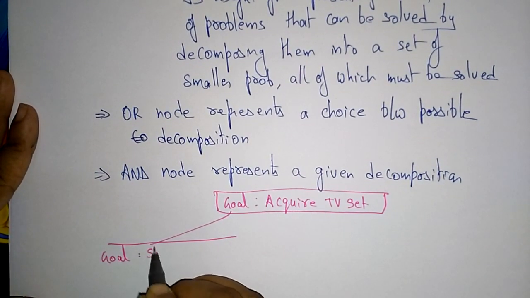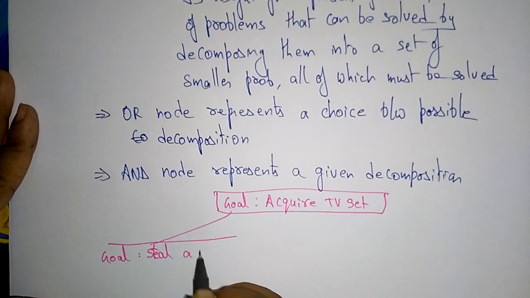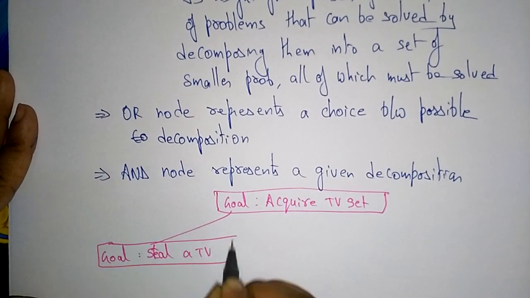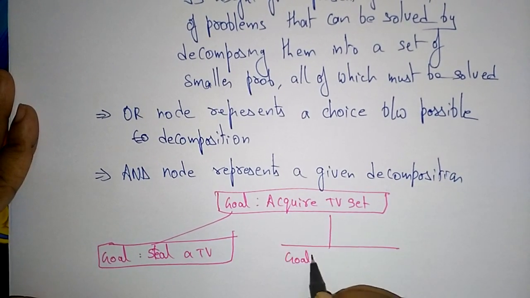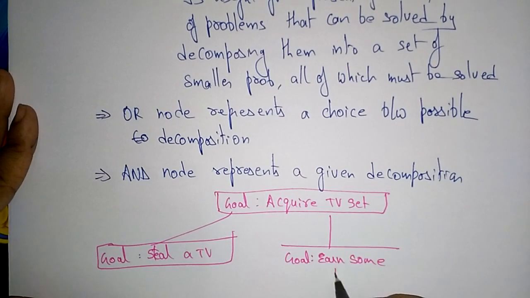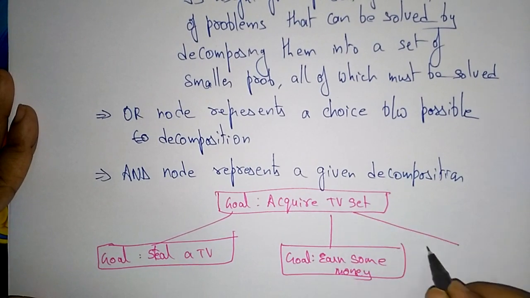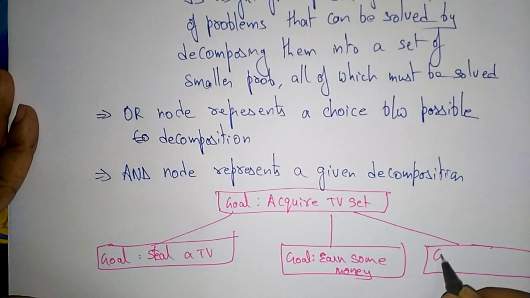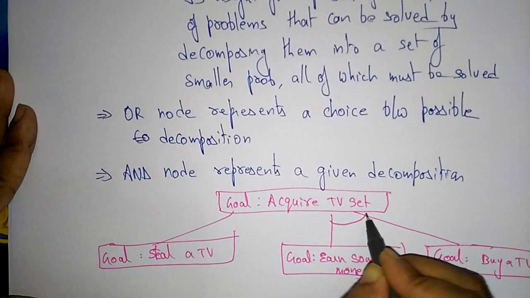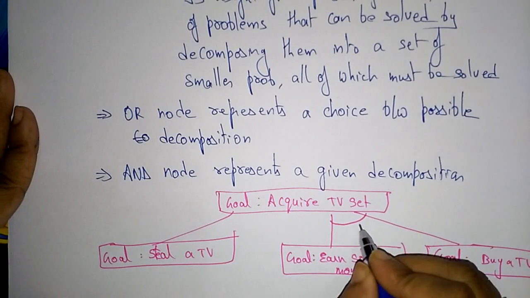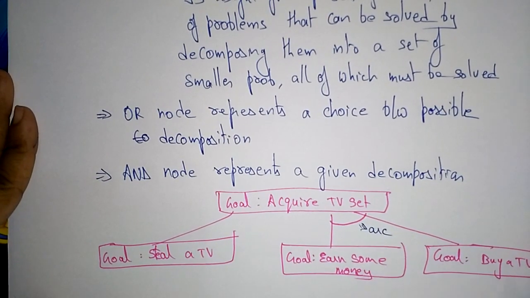The goal, you have to steal a TV, or else you have to earn some money to buy a TV. And here the goal is to buy a TV. So here I am taking AND. This is called the arc symbol.